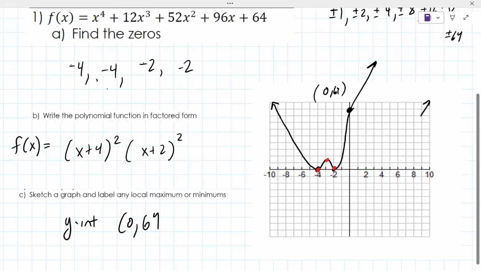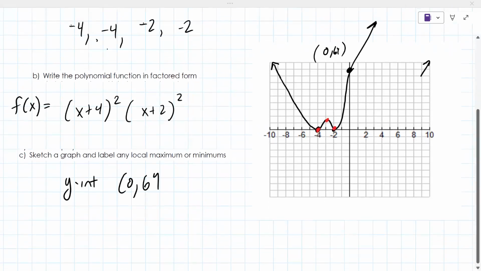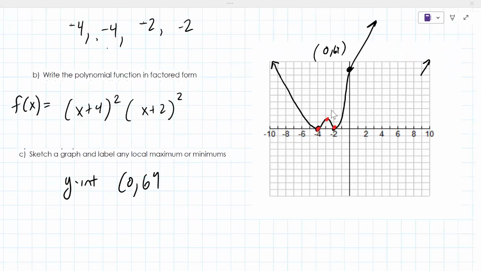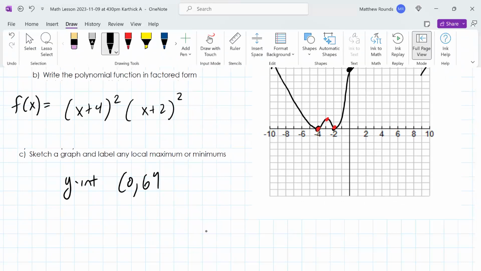And then the only way to label those, because you don't have any calculus at this point, is to say absolute or relative. These are relatives, all relatives. But actually, wouldn't the -4, -2 be absolute? They actually are classified as both.